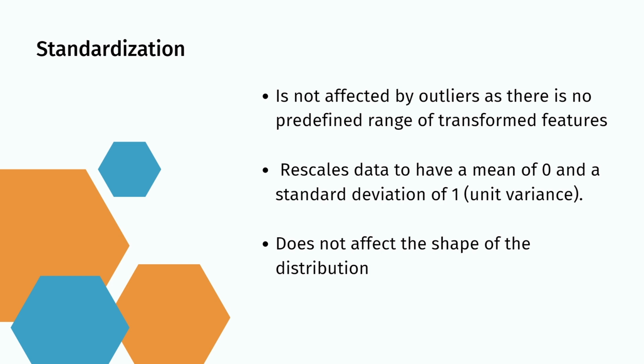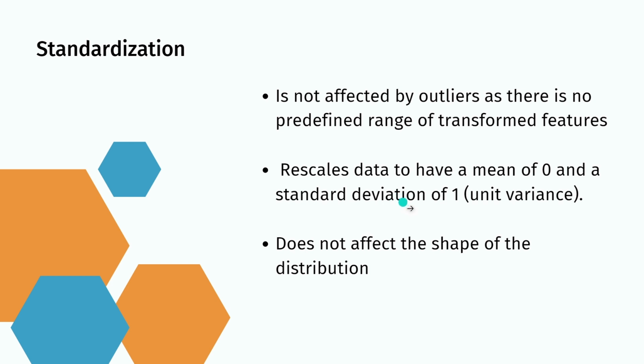What standardization does is it rescales the data to have a mean of 0 and a standard deviation of 1, that is unit variance. So you cannot predefine a specific range in which you are standardizing a data. The range is not determined by us, so we just rescale it such that the mean becomes 0 and the standard deviation becomes 1. That's all.